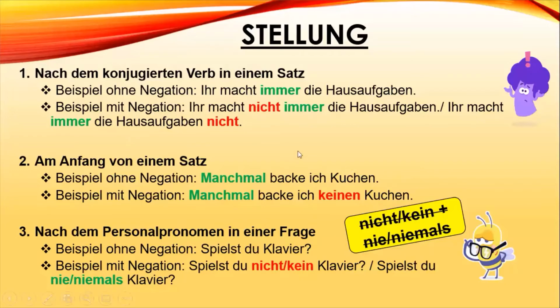So yes, you will not see that much of difference, but still there are some additional things that I want to show you in the positioning. So first of all, the indefinite adverbs of frequency are positioned after the main conjugated verb in a sentence.